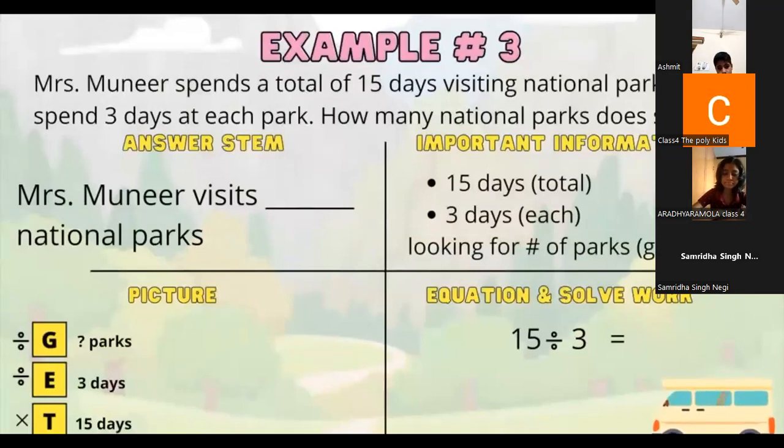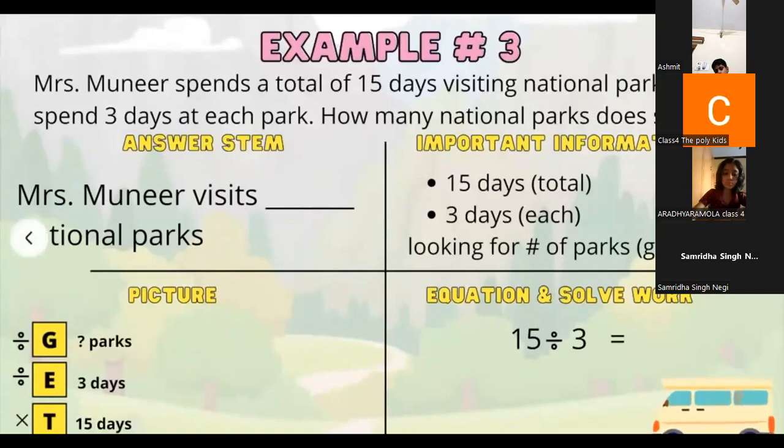Our answer stem is Mrs. Munir visits blank national parks. The important information is there's a total of 15 days and it's 3 days at each park. So we are looking for the number of parks, which is the groups.